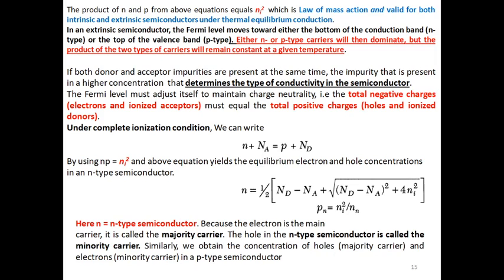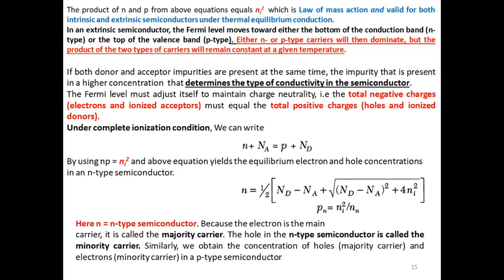We know that in an n-type semiconductor the majority charge carriers are electrons and the minority charge carriers are holes, so conductivity is due to electrons. In a p-type semiconductor, the majority charge carriers are holes and the minority carriers are electrons, so conductivity is due to holes, and we can say it is a p-type extrinsic semiconductor.